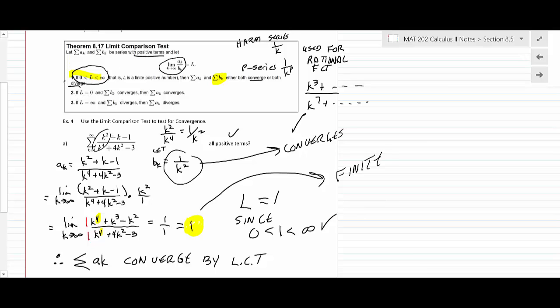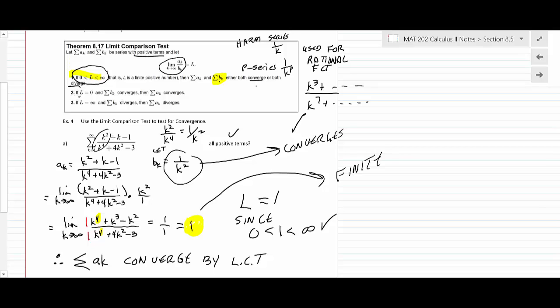Well, there's 3 situations. If the value of the limit is anything other than 0 or infinity, if it's some finite positive number, then both the series you're comparing to and the one you're finding are going to both converge or diverge. That's what that says.